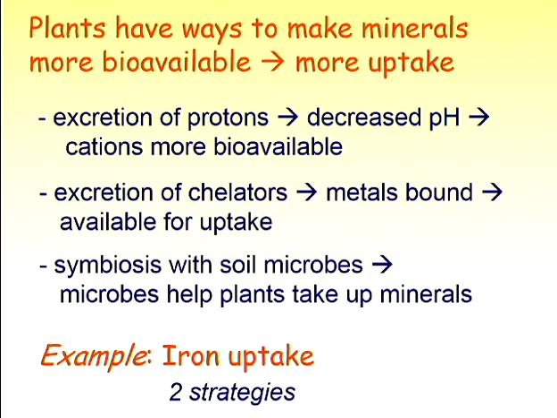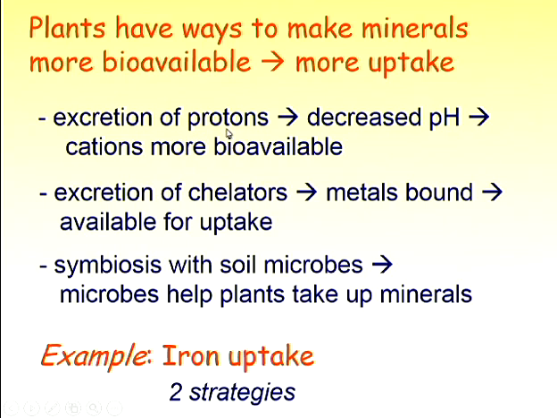So that was a little bit of a preview of how things get into the plant in the first place. And now we're moving back out into the rhizosphere with a couple of other factors that affect uptake, particularly things that plants can do to manipulate their rhizosphere. You already saw they pump out H+, and that's reiterated here.